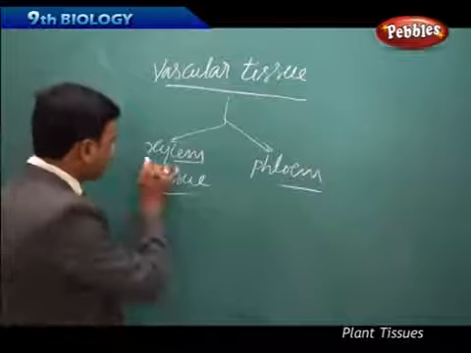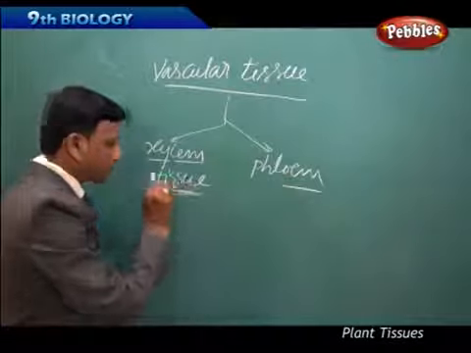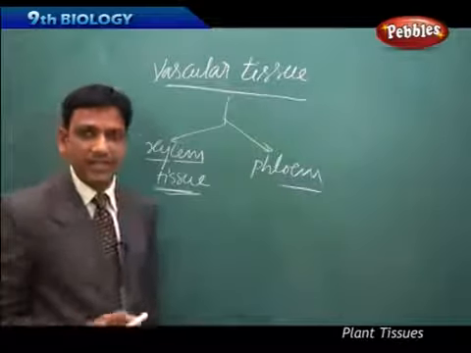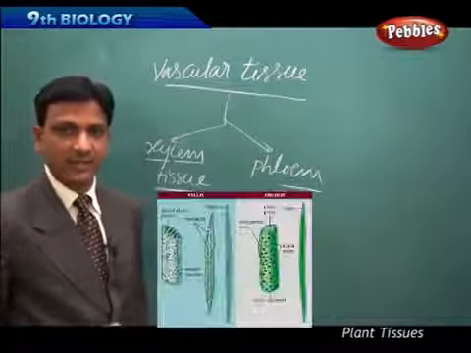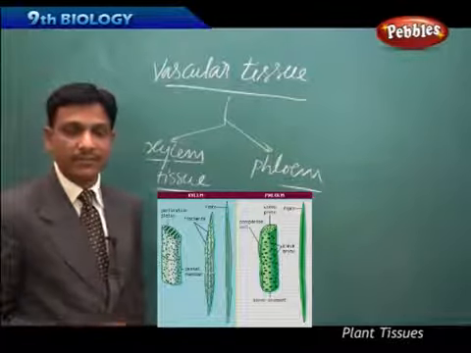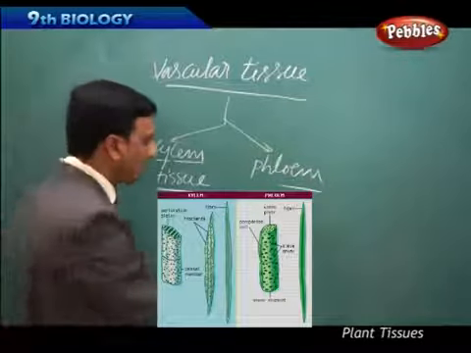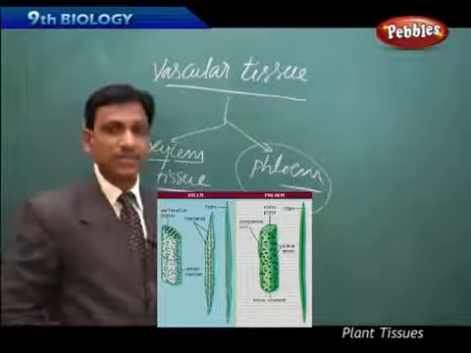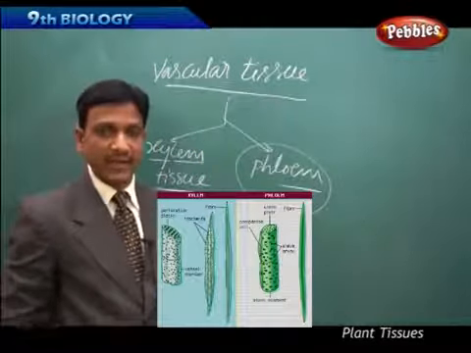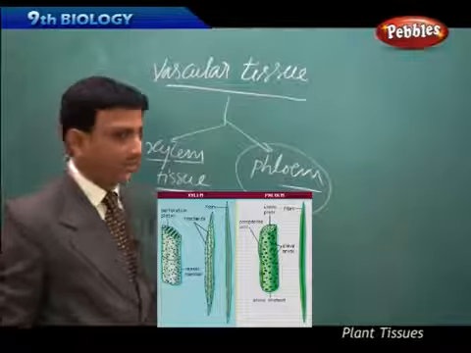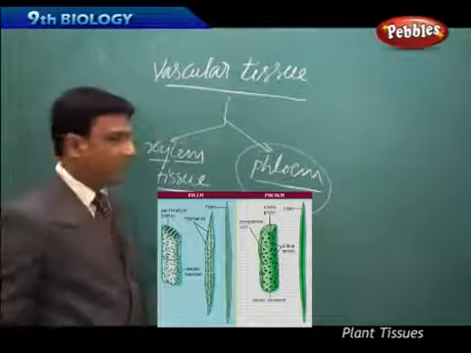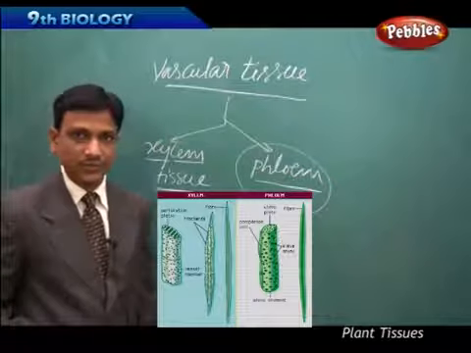The xylem tissue mostly takes part in the conduction of water and mineral salts, supplying them to different parts, whereas the phloem tissue plays a crucial role in transportation of the food material prepared in the leaves. The food material is distributed to the place of storage by the phloem tissue.